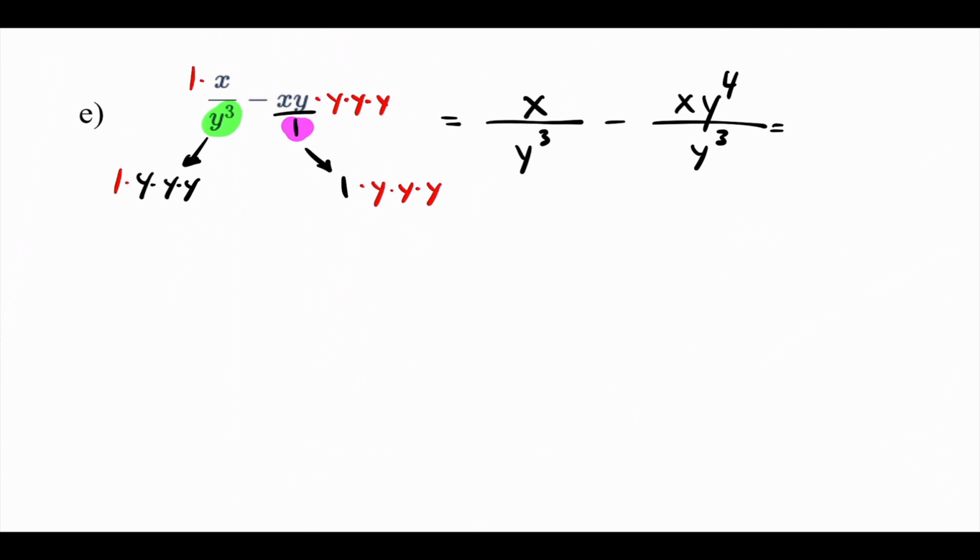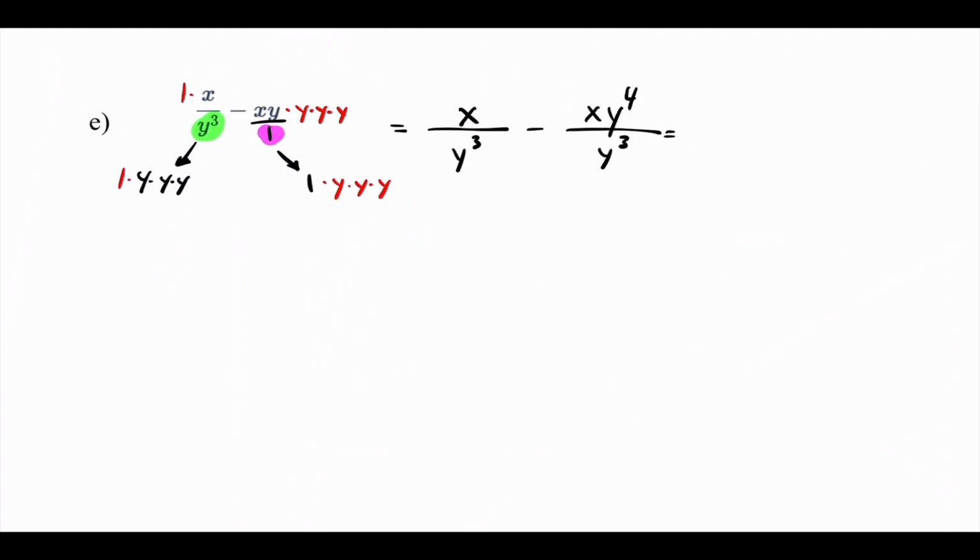They have common denominators now, so I can subtract the top. x minus x y to the fourth, over y to the third. This is where I see some mistakes. This is x minus x y to the fourth.